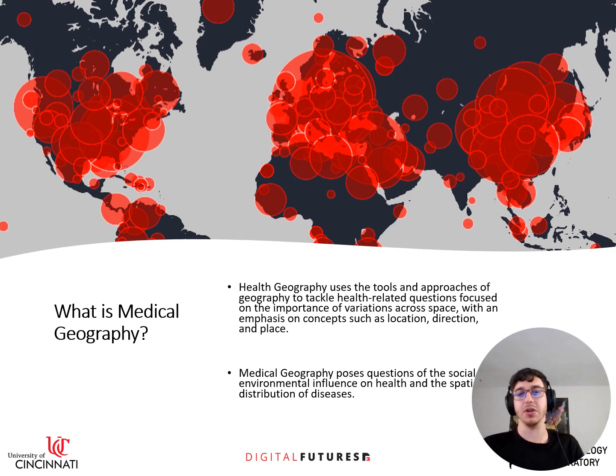Location, direction, place, and spatial variations are factors that are analyzed to understand the spatial distribution of health-related events, while posing questions about the influence of both social and environmental factors on the distribution of those events.